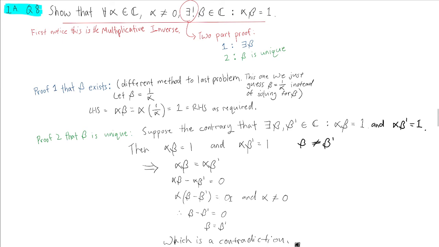And since alpha cannot equal 0, beta minus beta prime must equal 0. Therefore, beta equals beta prime by adding beta prime to both sides, which is a contradiction because it can't equal beta prime in order for there to be more than one solution. So it must be unique.